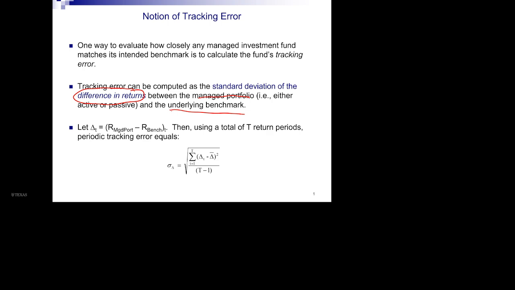So the idea behind tracking error is if you're a manager that's being benchmarked to, say, the S&P 500, then the total volatility of your returns isn't necessarily the point that an investor is going to care about. What they want to look at is what additional volatility that you might be producing with the returns your portfolio generates compared to the benchmark.